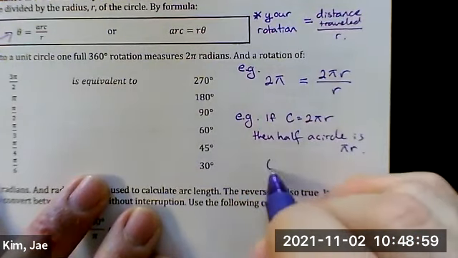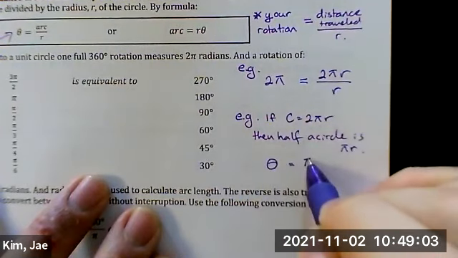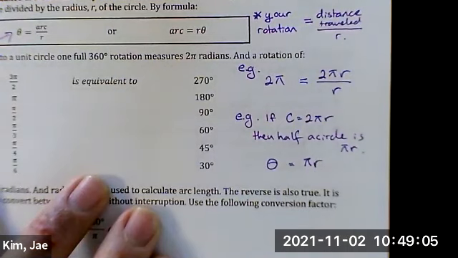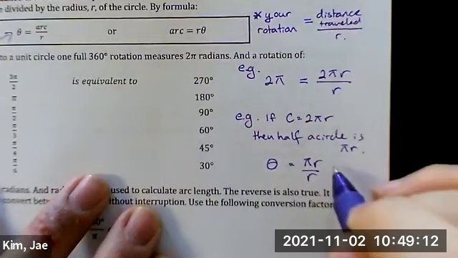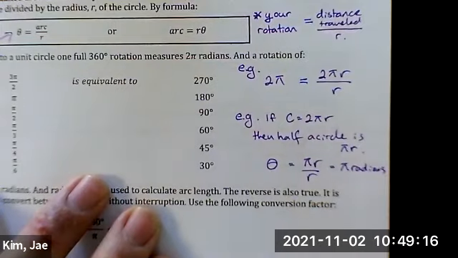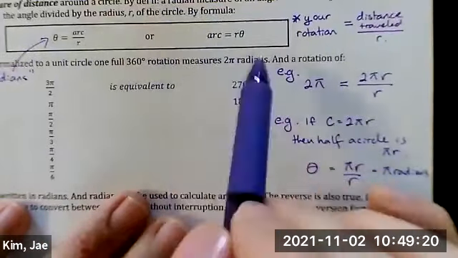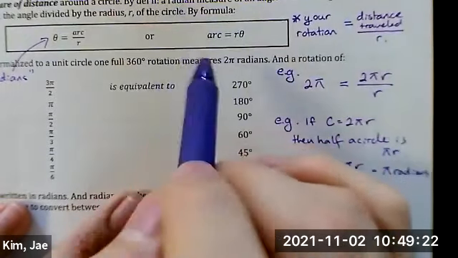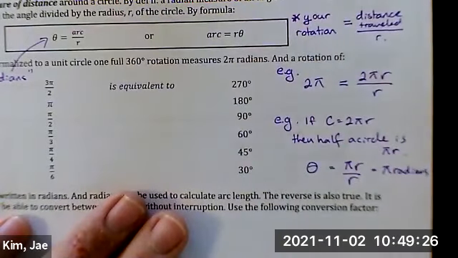So my rotation in radians is equal to half the distance of a circumference, divided by r. So my radians is going to be just pi radians. This is what this formula is trying to say. It's just a relationship that you already know, but it's written as a formula, so it might seem confusing.